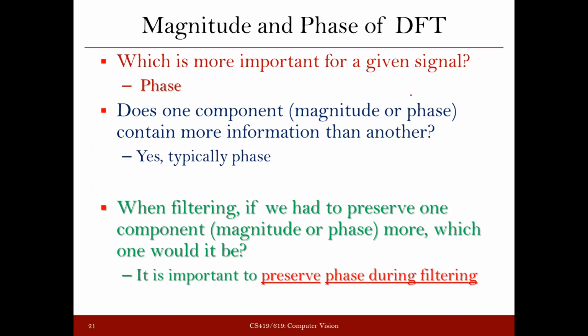Now when you take your image to the Fourier domain and perform some operation there, since phase typically contains more information, when you are doing any kind of operation in the Fourier domain, you should preserve phase more compared to magnitude.